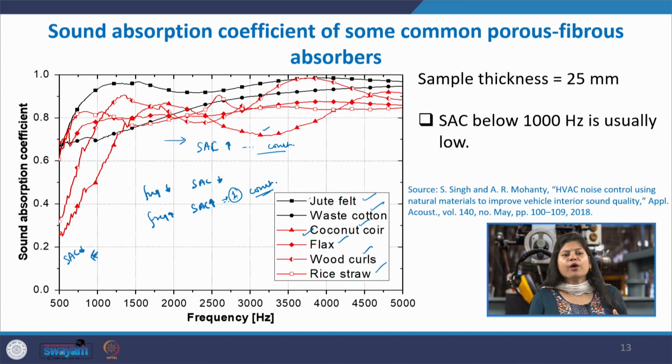So, depending on how you have made that particular composite, what kind of density of fibers you are using, the density of your fibrous material, the kind of resin treatment you are giving them, etc. Based on how it is made up and overall built, the SSE is going to change, and at the same time with frequency also it is going to change, where typically SSE is very low below 1000 Hertz.